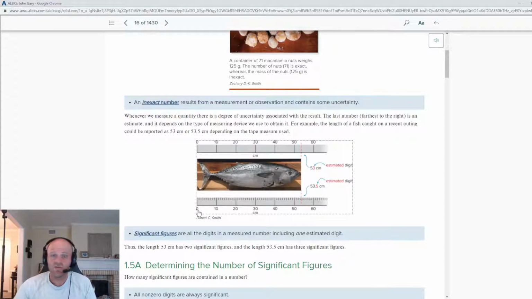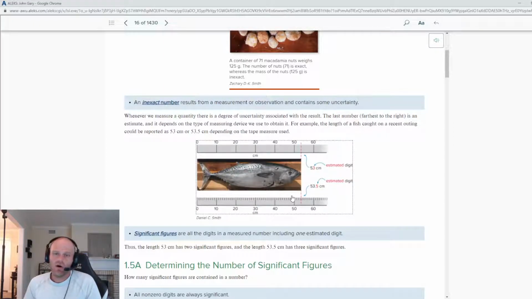Same thing goes with measurements in terms of length, right? If I want to say this fish is 53 centimeters, or I can say it's 53.5 centimeters, or I can say it's 53.50 centimeters. Just depends on what kind of tool I'm using to measure it, right? How accurate is the little tool that I have to measure this number? And that's why we say these are inexact. It's really up to the person taking the measurement how precise that number is, okay?